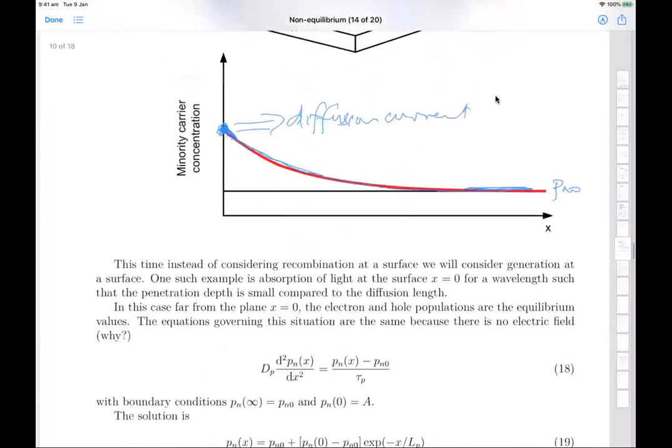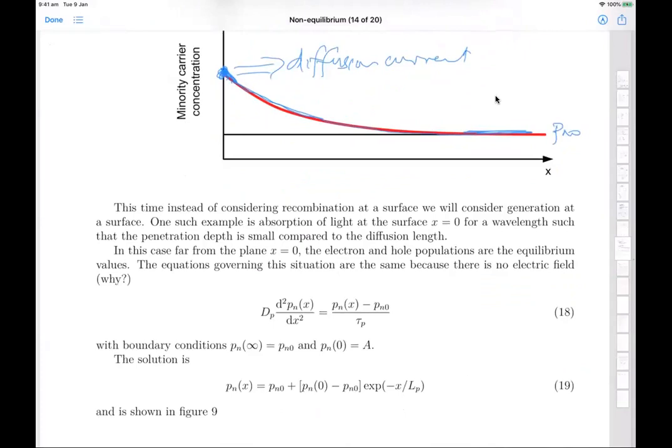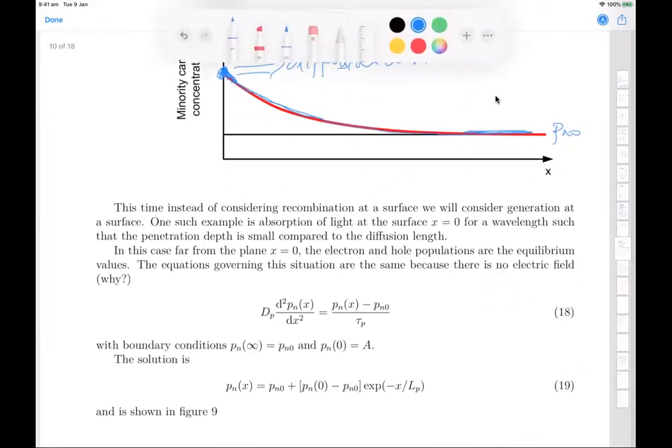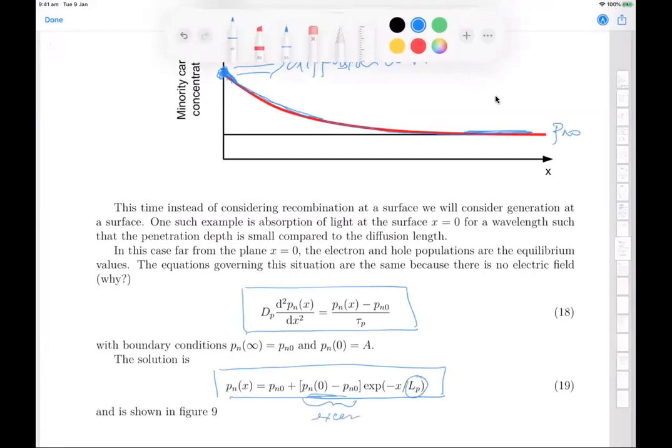So again, this situation can be solved using the continuity equation, and this is the equation that we arrive at, and this has this solution, which I'll leave you to look at. But again, we find that we have this diffusion length term involved, and we have this term that represents the excess of minority carriers.